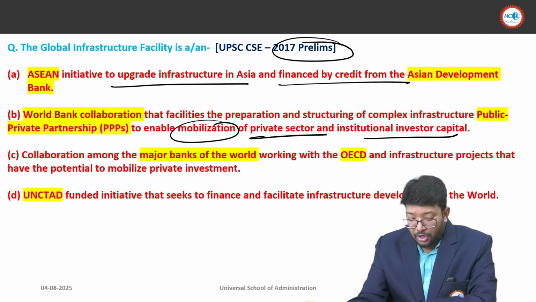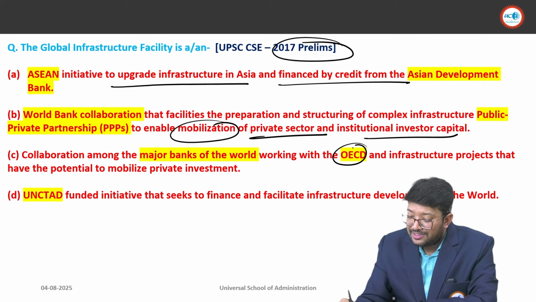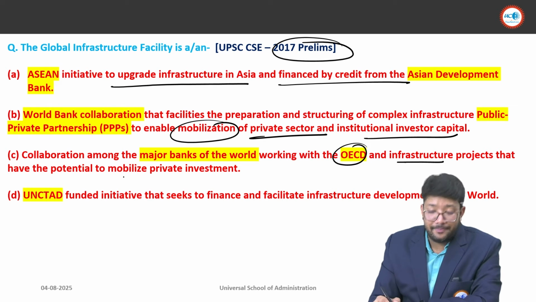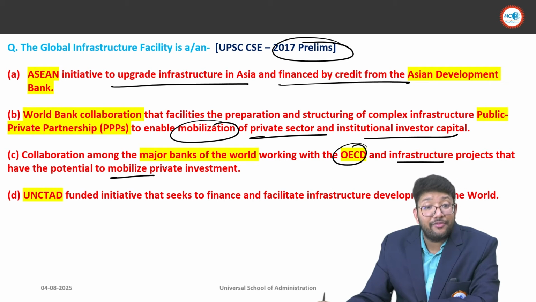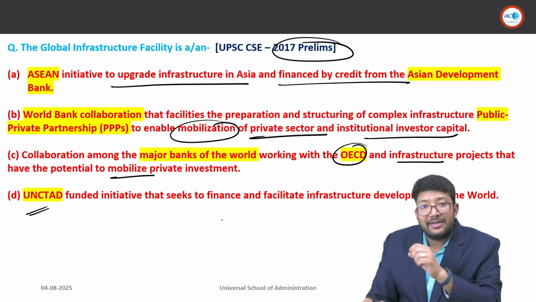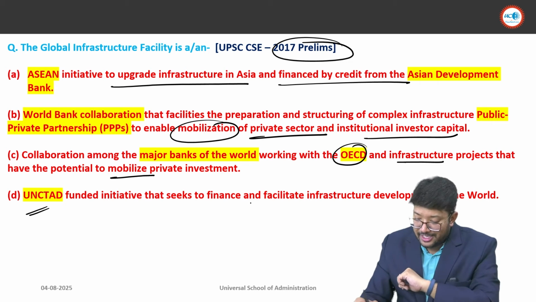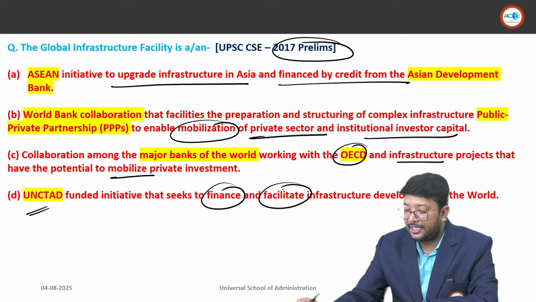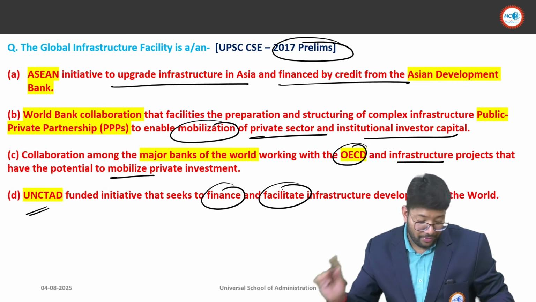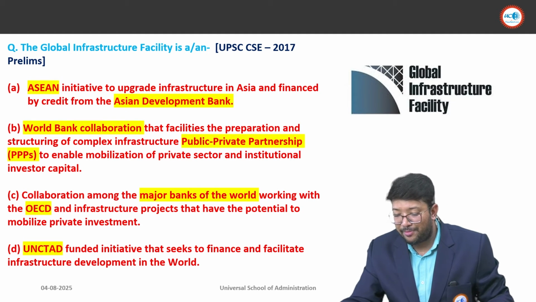Third option, collaboration among the major banks of the world working with the OECD on infrastructure projects that have the potential to mobilize private investment. And the fourth option, it is a UNCTAD-funded initiative that seeks to finance and facilitate infrastructure development in the world. Only one option is correct, and the correct one is what? Can you tell me in the comment box, students?